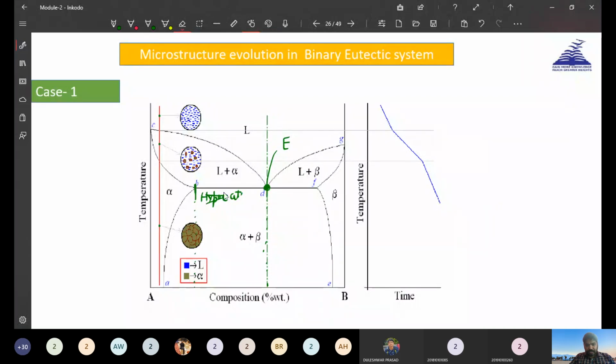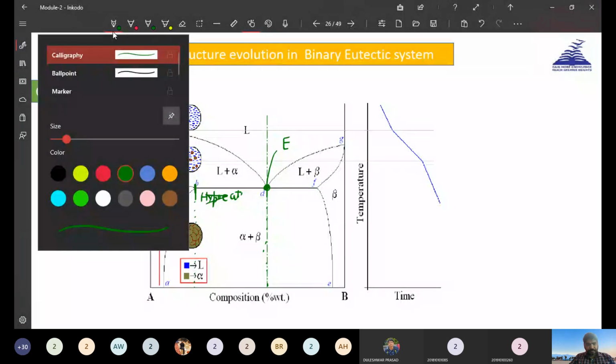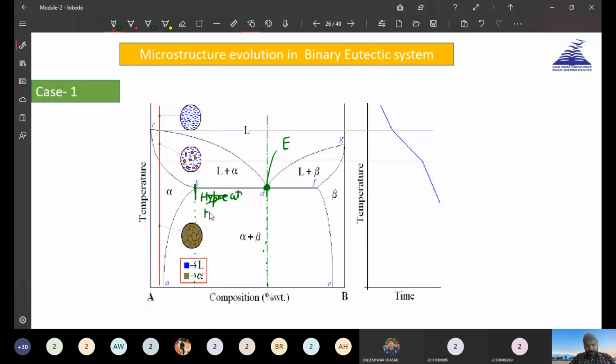So this region is known as the hypoeutectic region. Hypoeutectic, HYPO, hypoeutectic.